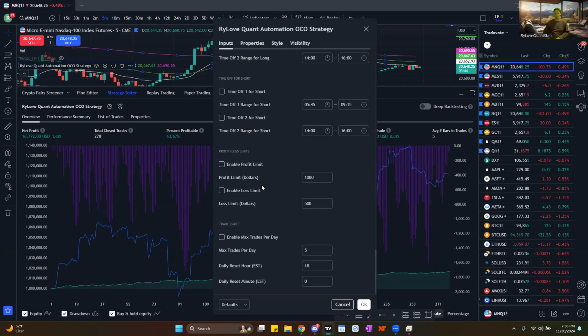Just one or the other, or you could do both and just whichever one gets hit first. Say you had four trades, but you hit your profit, it'll shut off until the reset hour. So honestly, you can have all three of these on at the same time if you would like, and whichever one gets hit first, it shuts it off until the next day, essentially. Gotcha. Cool.